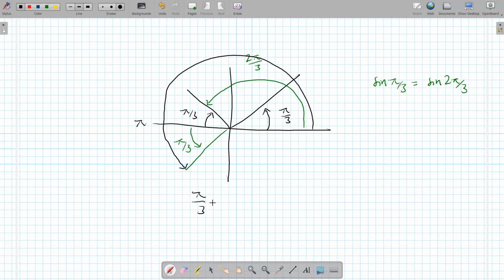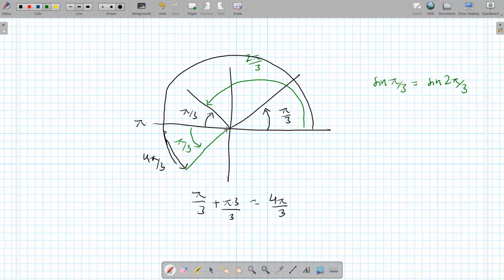Pi over 3 plus pi. What's 1/3 plus 1? Take the common denominator like this. You get 4 pi over 3. So this principal angle here, this big one in quadrant 3, will be 4 pi over 3.